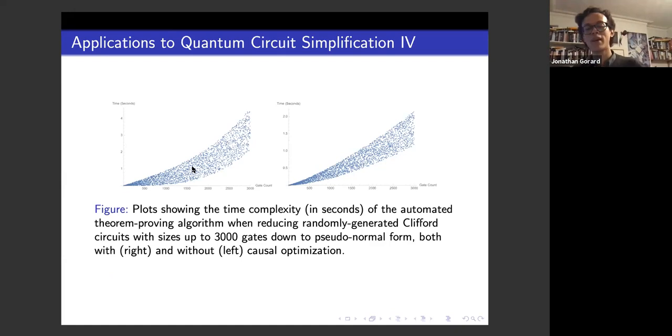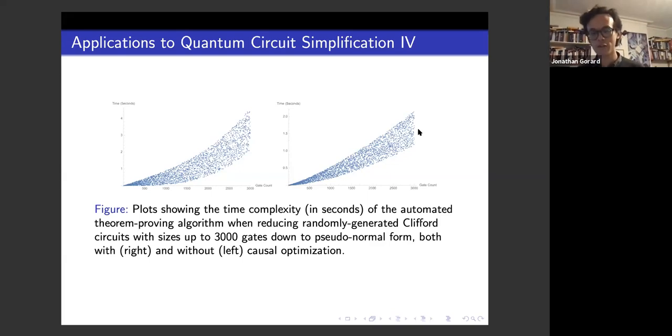And we looked at how long it would take for an automated reasoning system to reduce that circuit down to a pseudo-normal form. You can see that without optimization, if we only think about the one category structure, at the top end it takes about 4 seconds, and we roughly halve that if we include the two category structure.